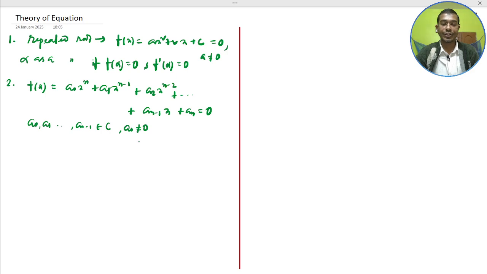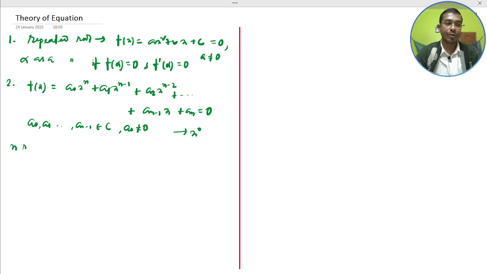This is the n degree equation, it has exactly n roots. A quadratic equation has 2 roots, so an n degree equation has n roots.